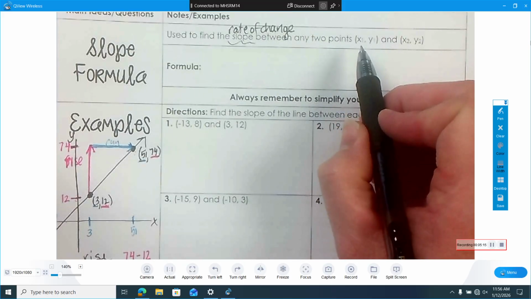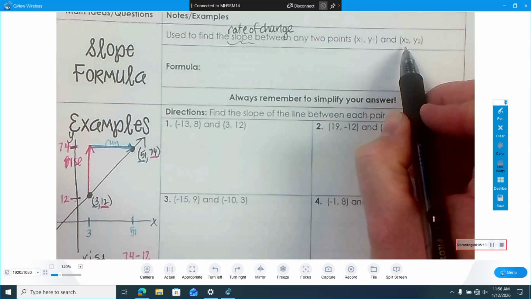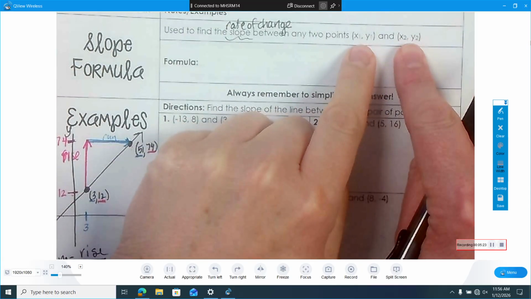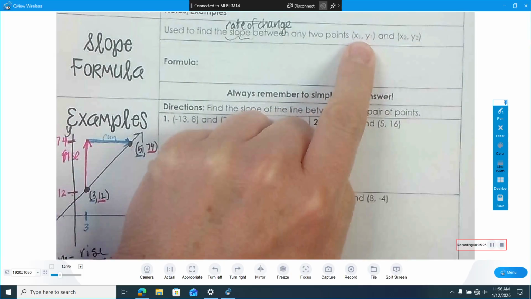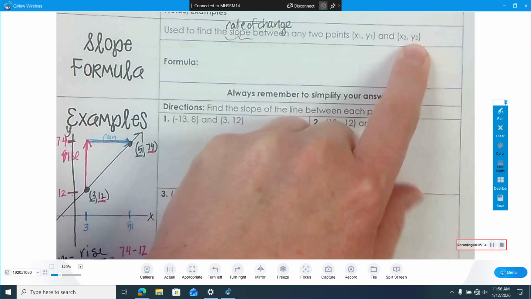It's a little subscript, a little sub 1, and then y sub 1. Here I have x sub 2 and y sub 2. What we have here are just ordered pairs. This one is first. That's why it gets a little subscript 1. And this ordered xy pair is the second one. So we're giving it a subscript 2.